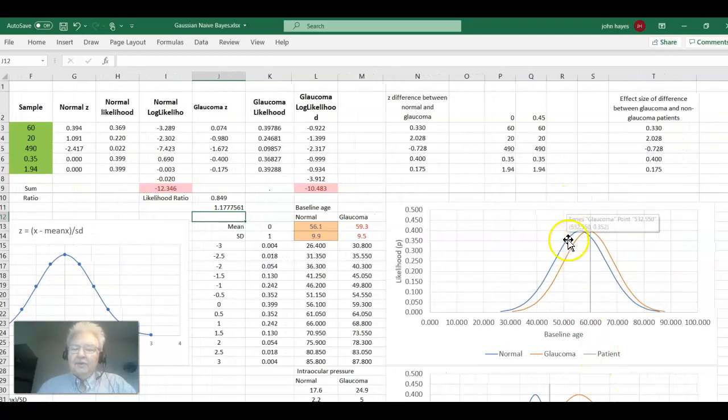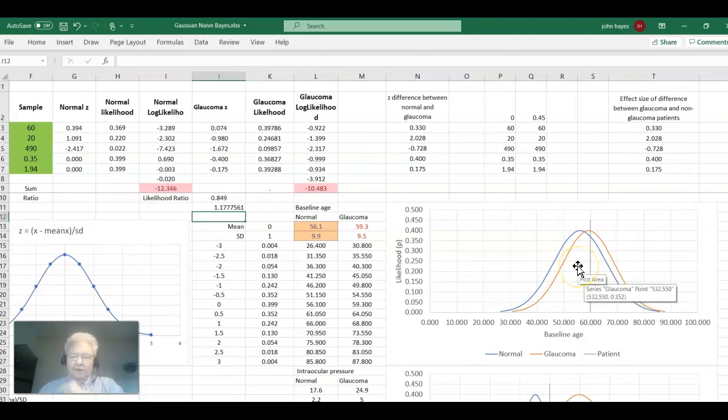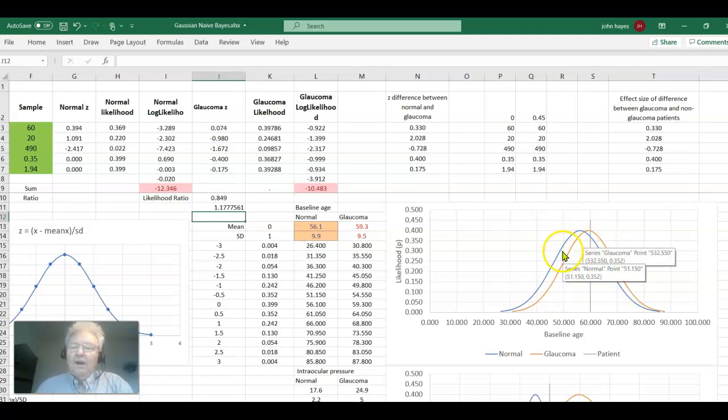But first, these curves right here are the means and standard deviations of people that are non-glaucomatous and have glaucoma based on their age. So we have here, the person is 60 years old, and so this line shows you where that is.